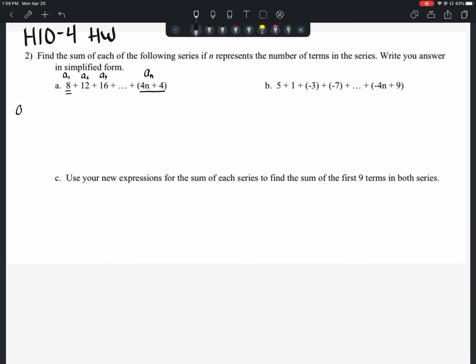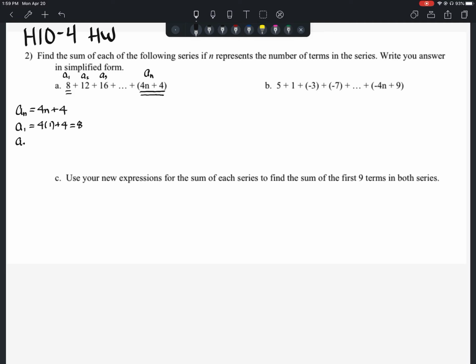If we know that a sub n is equal to 4n plus 4, this is your equation for your nth term. That's what this expression will always be, if you can find that expression, the explicit rule. So let's say I plugged in 1. a sub 1 is going to equal 4 times 1 plus 4, which is 8, and that's why that's our first term.